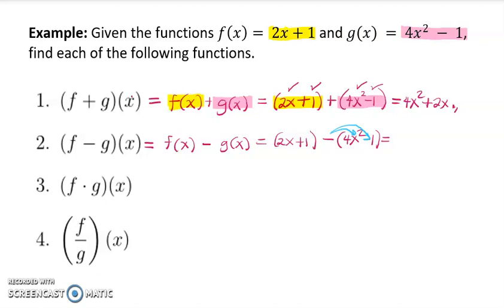So this will become, we just copy 2x plus 1 first. Negative 1 times 4x squared, you just have negative 4x squared. Then negative 1 times negative 1 is positive 1.